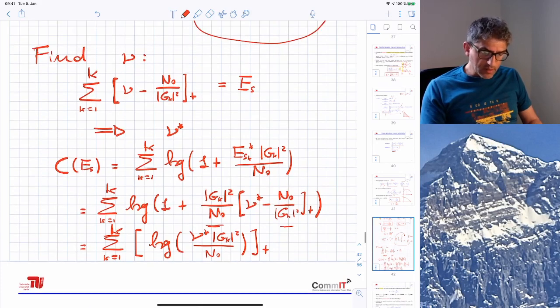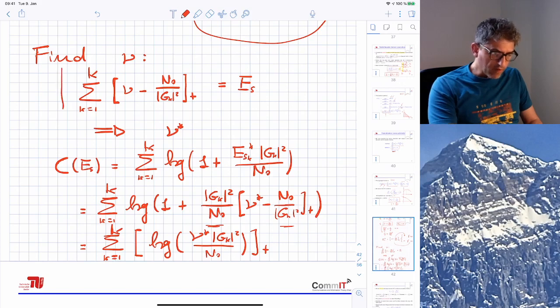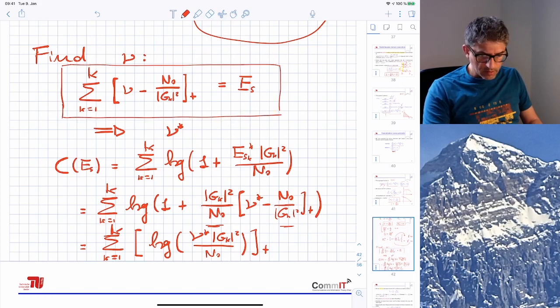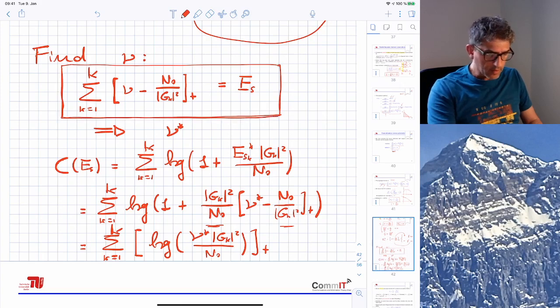So the key step at the end is finding nu by solving this equation. And today in the discussion on Zoom, we will see how to do it systematically.